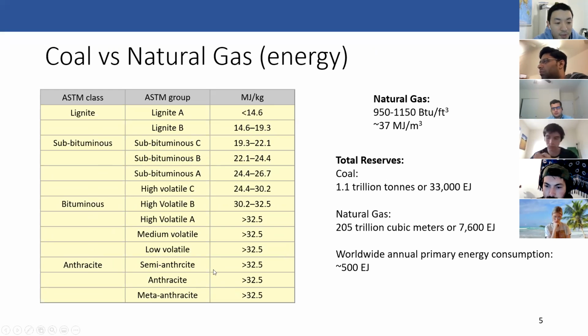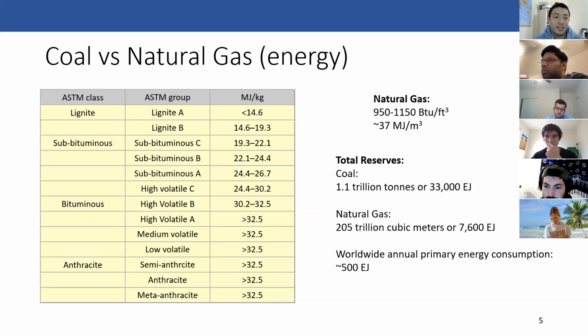If you'll notice, anthracite has almost double, if not more, the energy density of lower grade coal. And so there can be a pretty substantial difference in the types of coals that are being burned at a power plant and the energy that you can get out of them.